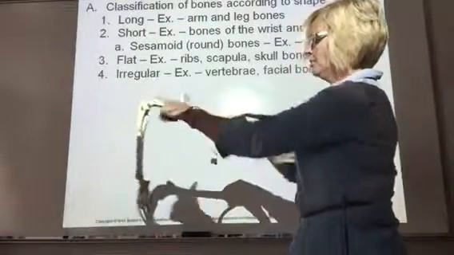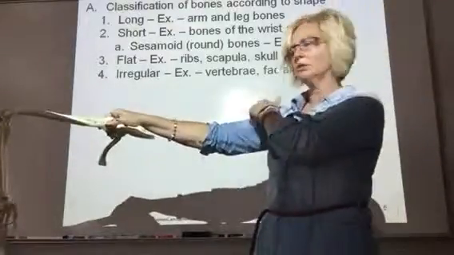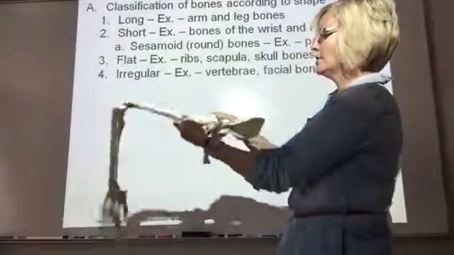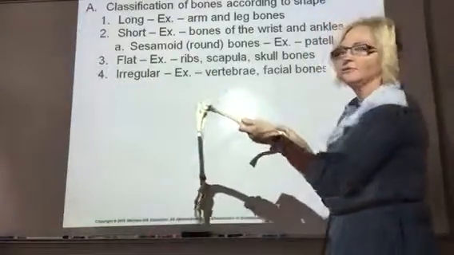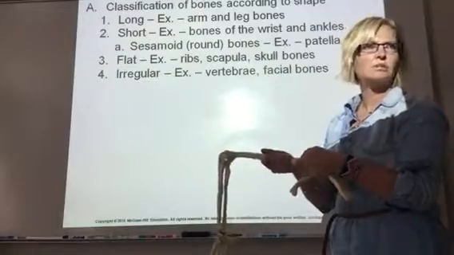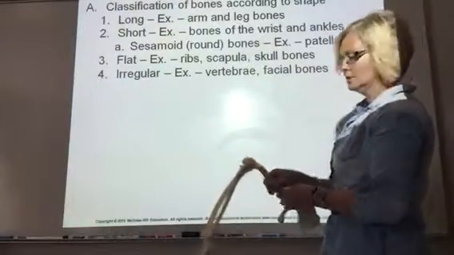We are looking at a long bone. So this would be my humerus, the long bone in the top part of your arm. Your femur, the longest, largest bone in your body, would be an example of a long bone.